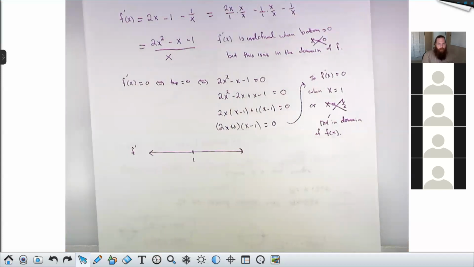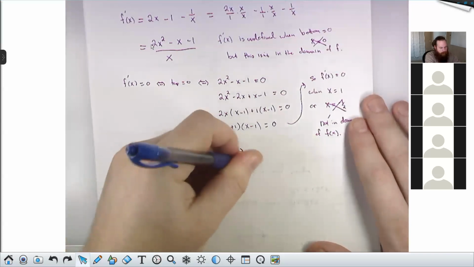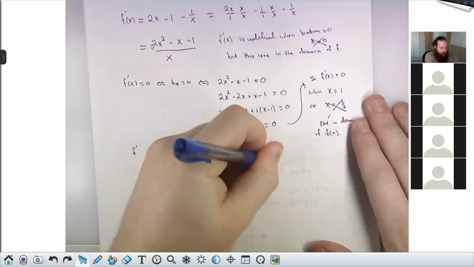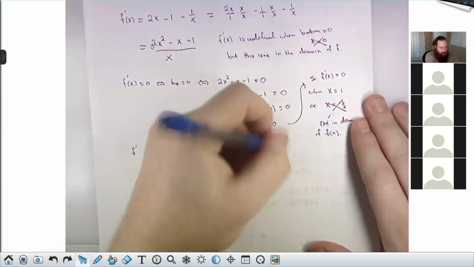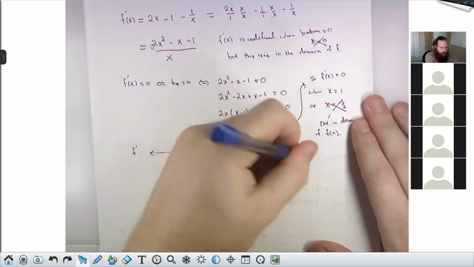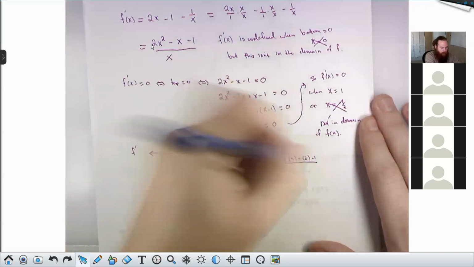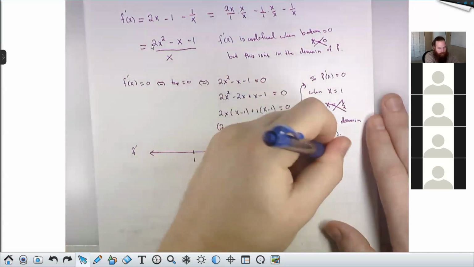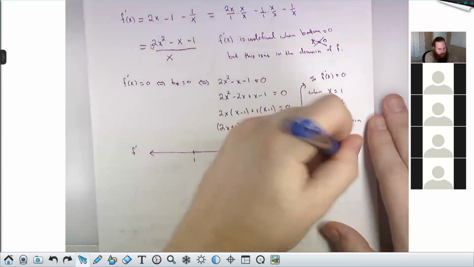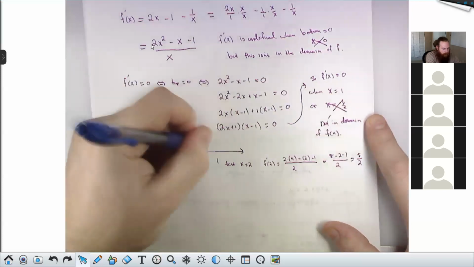To the right of 1, I could test 2. If I plug 2 into f prime, so here I'll test x equals 2. f prime of 2 is (2 times 4 minus 2 minus 1) all over 2, which is (8 minus 2 minus 1) over 2, which is 5 over 2, which is positive.